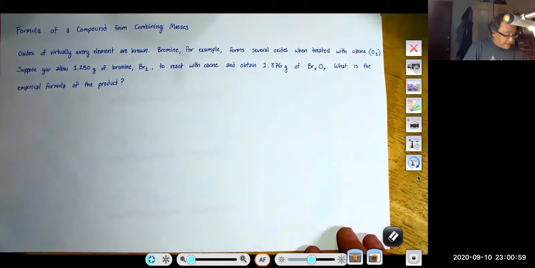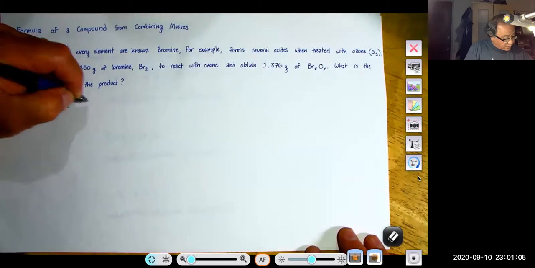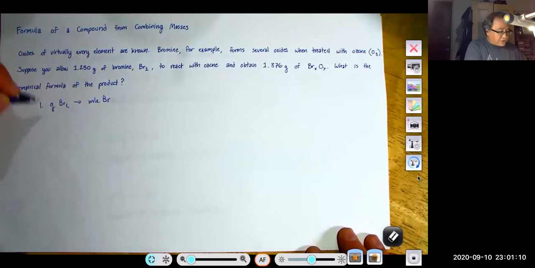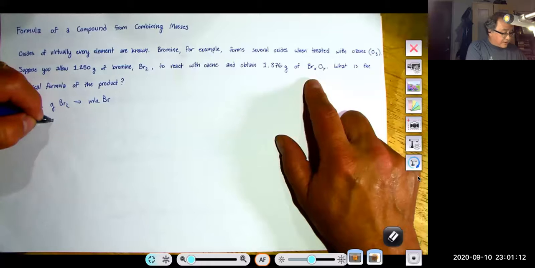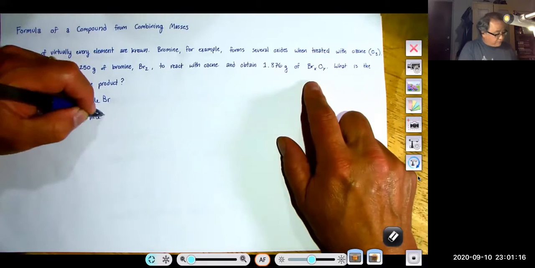Remember, the goal is, 1, take the grams of Br2 and turn that into moles of Br, and also take the grams of O2 and turn that into moles of O.